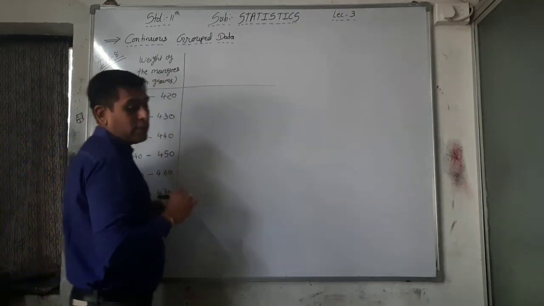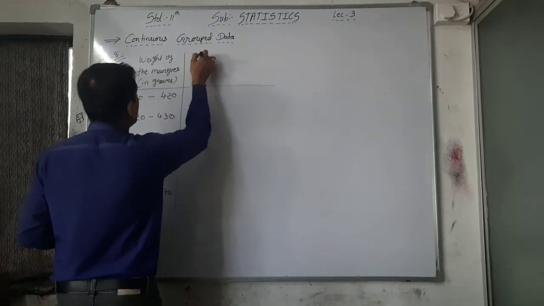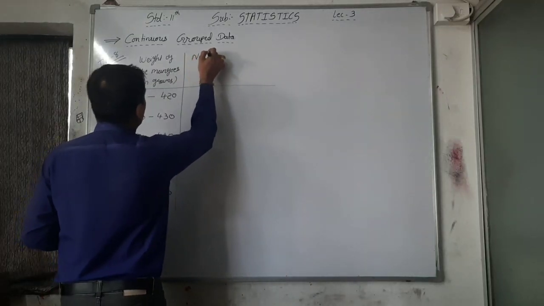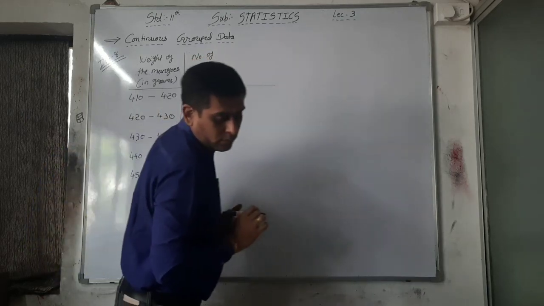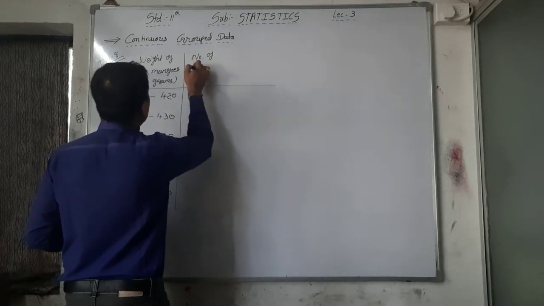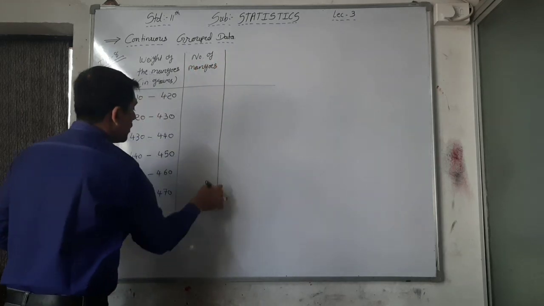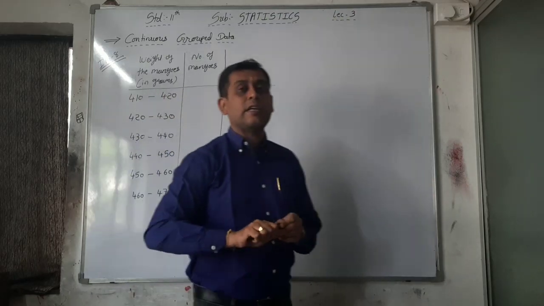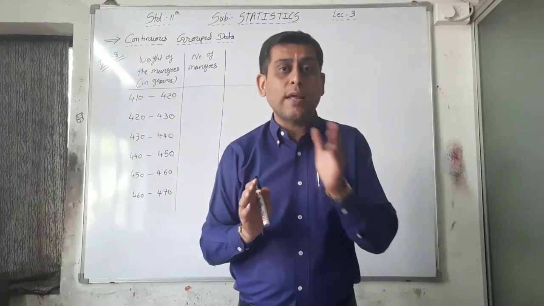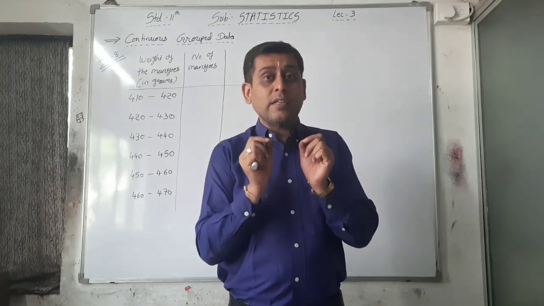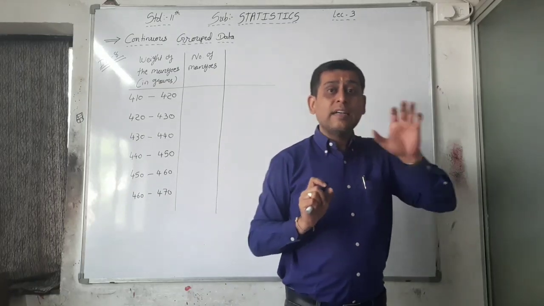Now the frequency, that is the number of mangoes. Whenever the data is given as below so and so, more than so and so, or less than so and so, you have to keep in mind that the frequency is not given directly.